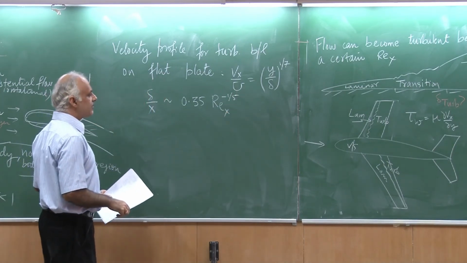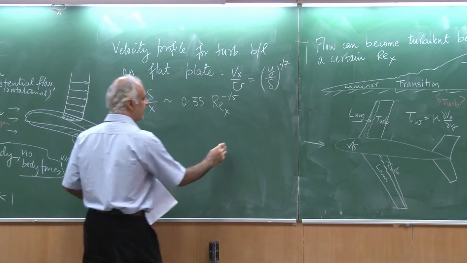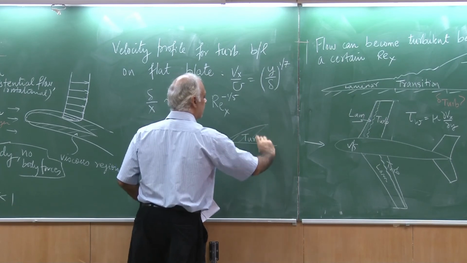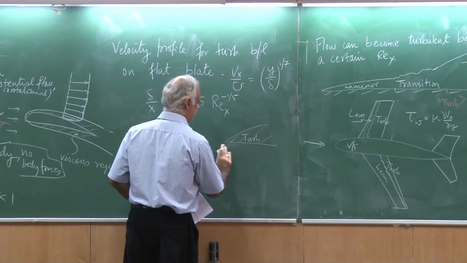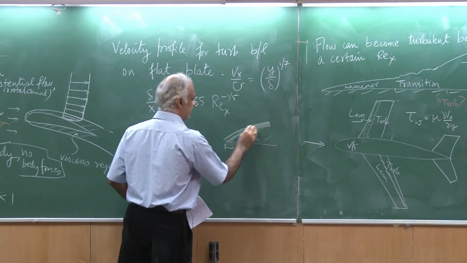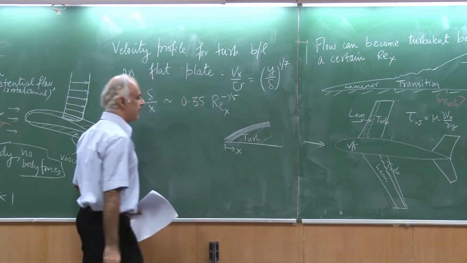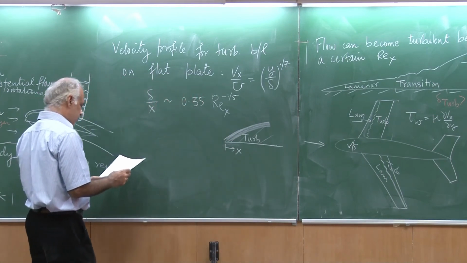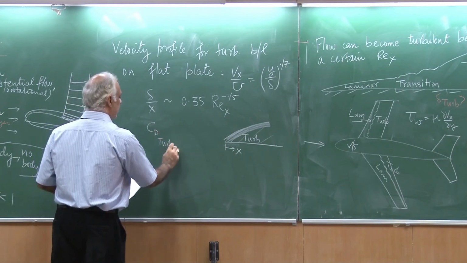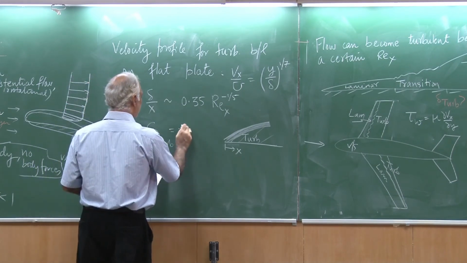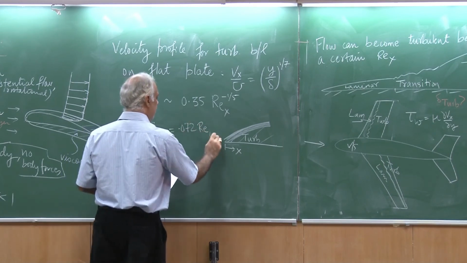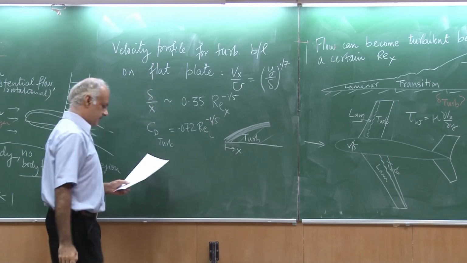And if I assume that my flat plate has a boundary layer which is turbulent right from the beginning, so this is all turbulent, and this is my x, so this is my boundary layer on the flat plate, then it is possible to show that my CD for the turbulent is something like 0.072 Re raised to minus 1/5.